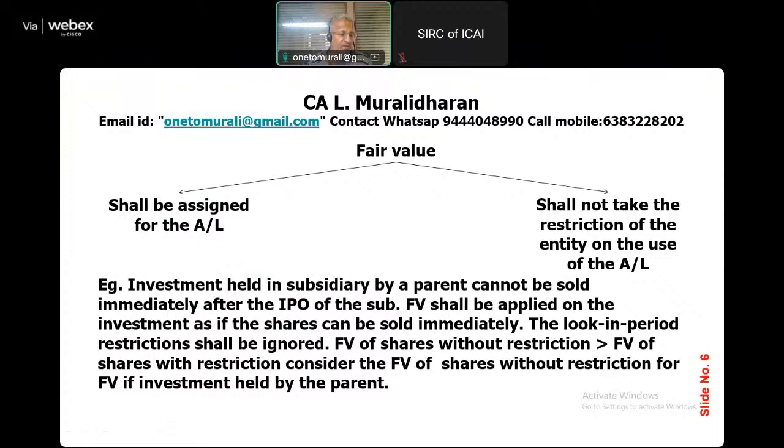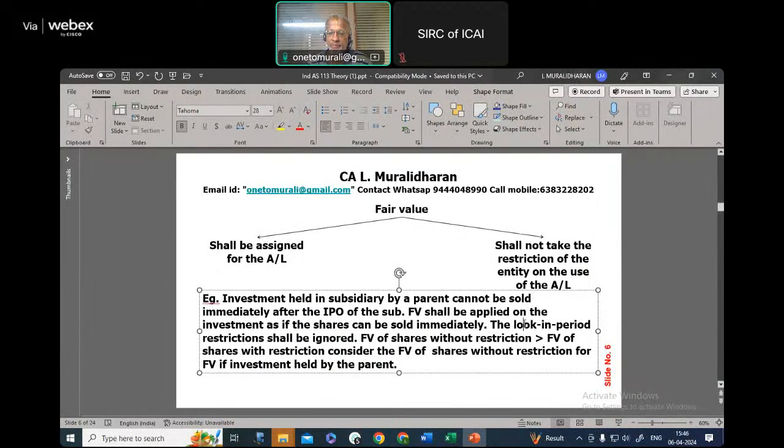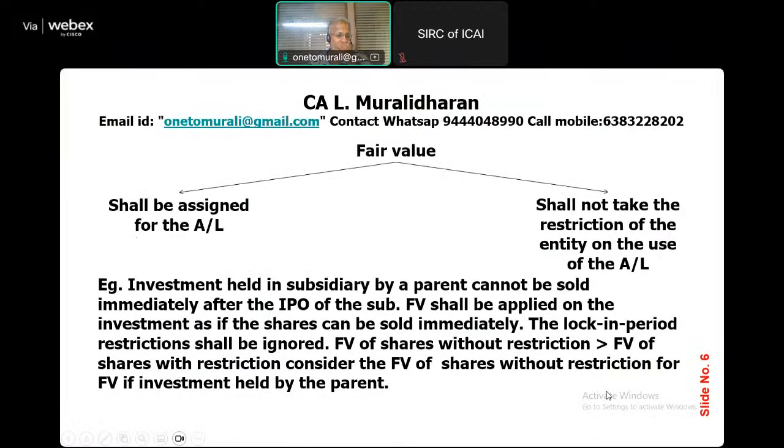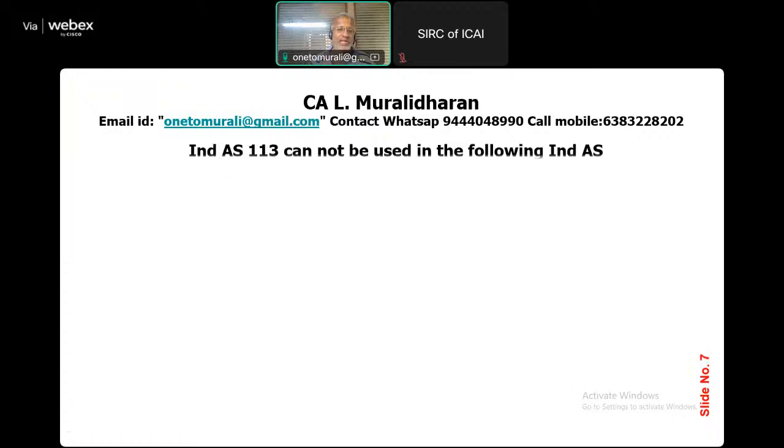The lock-in period, not look-in period, the lock-in period, typographical error, sorry for that. The lock-in period restriction shall be ignored. Fair value of the shares without restriction is expected to be greater than the fair value of shares with restriction. Consider the fair value of shares without restriction for fair value if the investment is held by the parent. So that is what we are expected to have.